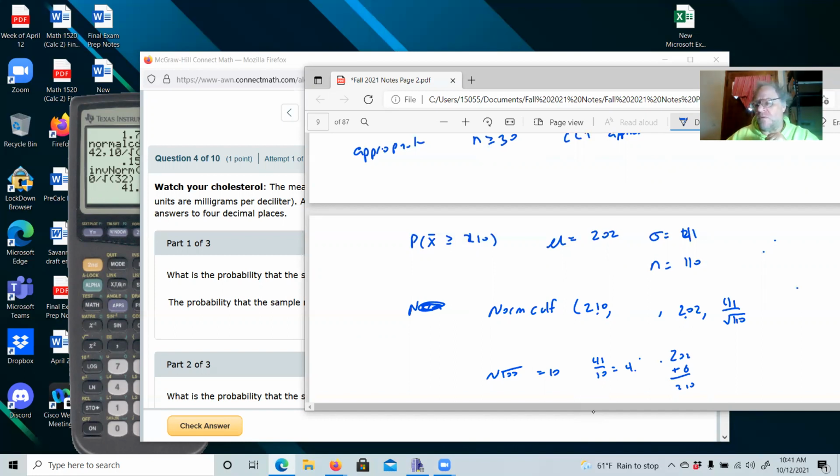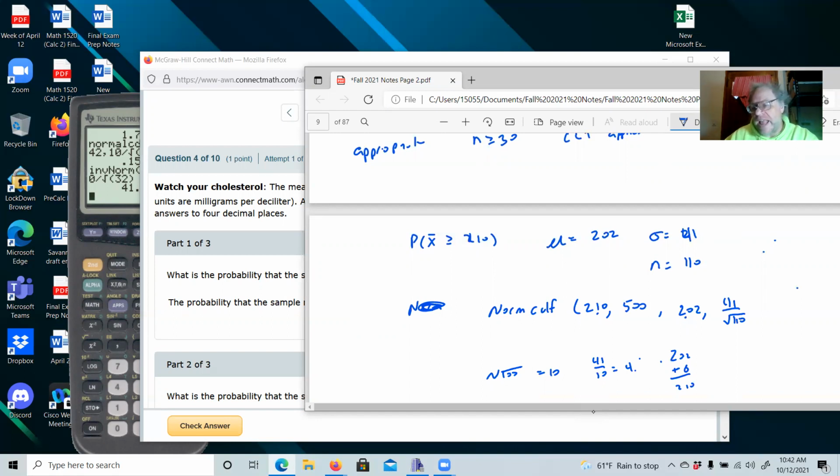So we need a big number in comparison to 202. Every step away from 202 is 4 units large. To get to 210, that's two steps. If we wanted to go on more, that would be 214. So pick a big number in comparison to that. You want to go with 500? That's fine. You want to go with 1,000? That's fine.